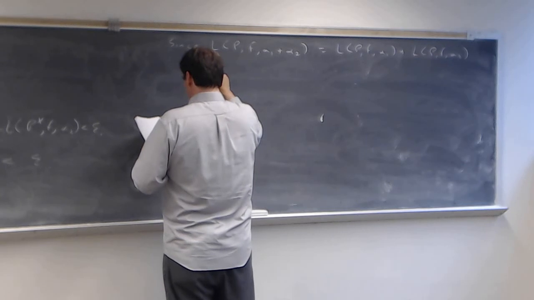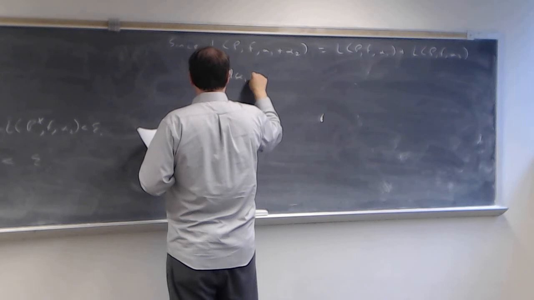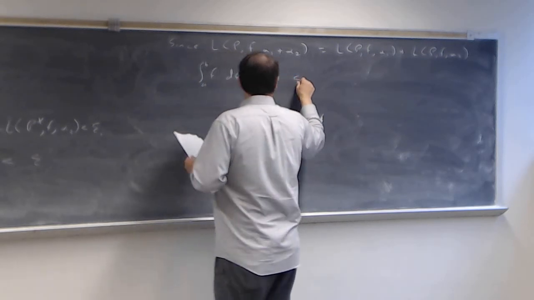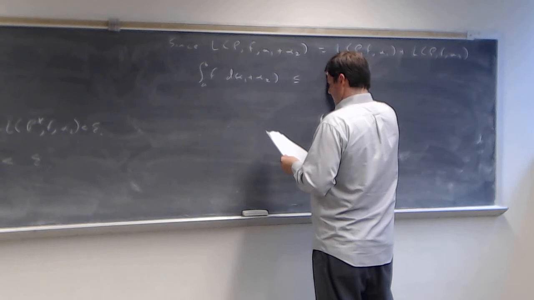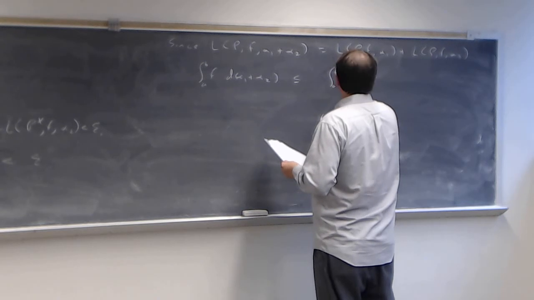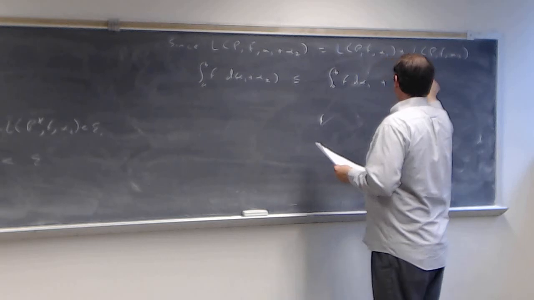So the integral from a to b of f d(alpha 1 plus alpha 2) is going to be less than or equal to the integral from a to b of f d alpha 1 plus the integral from a to b of f d alpha 2.